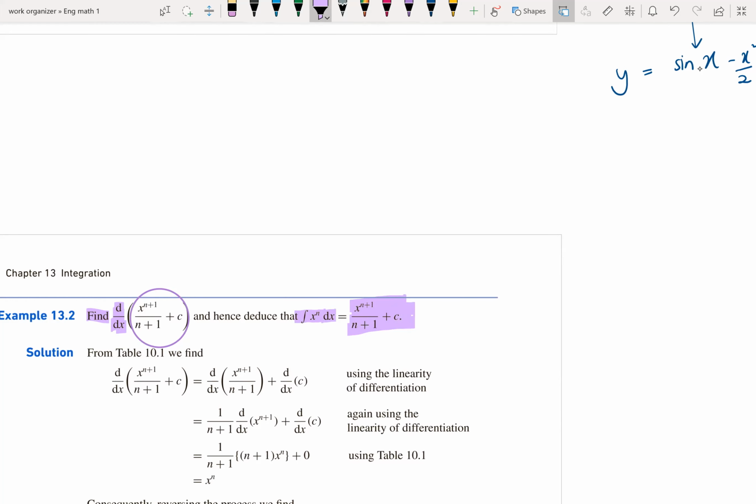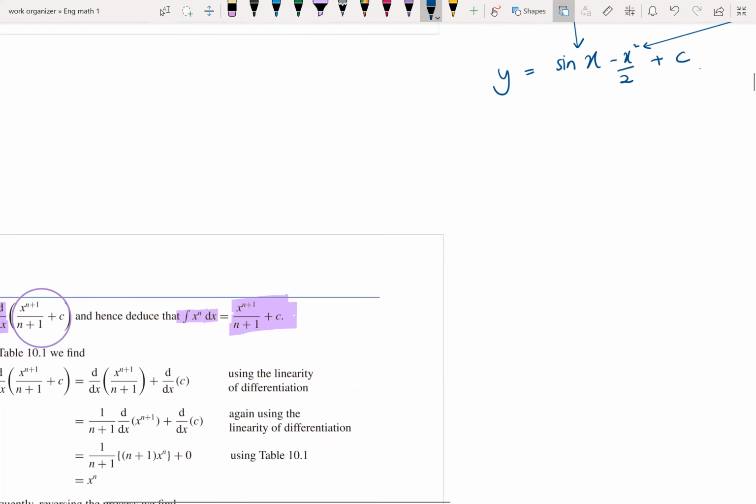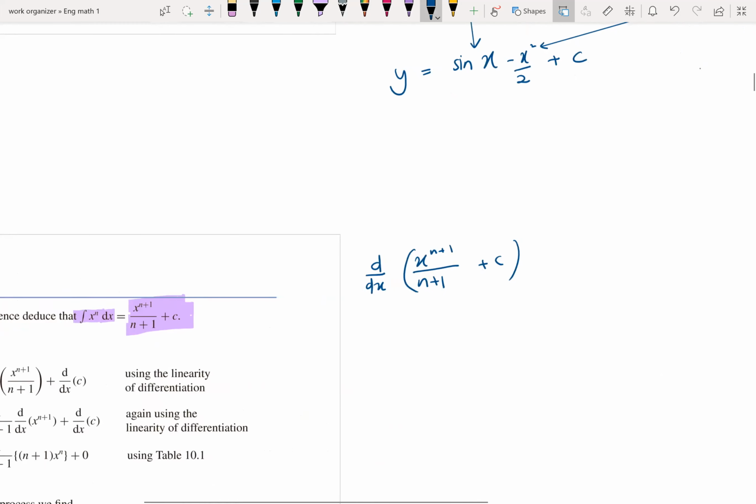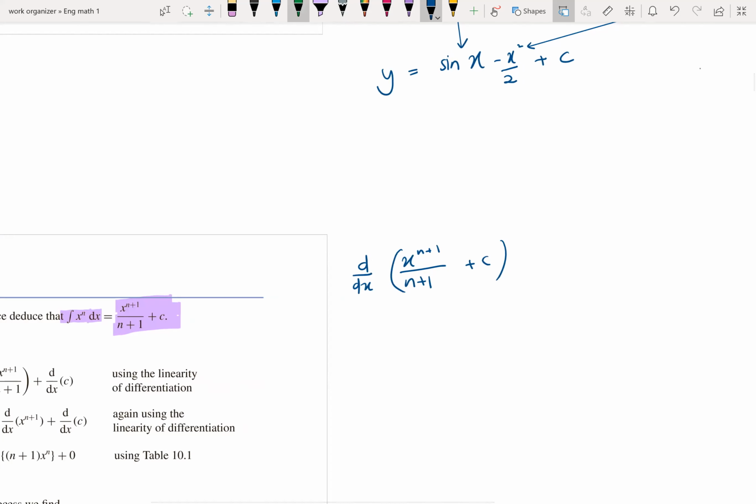Okay, so we want to find the differentiation of x^(n+1) over (n+1) plus c. So here we are using the concept of linearity, which means we can separately differentiate these two functions.